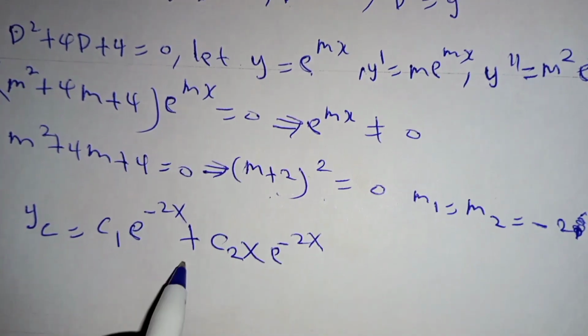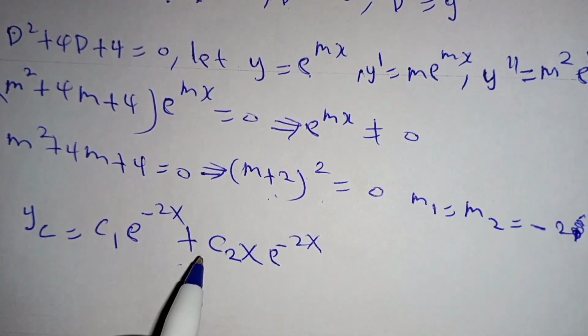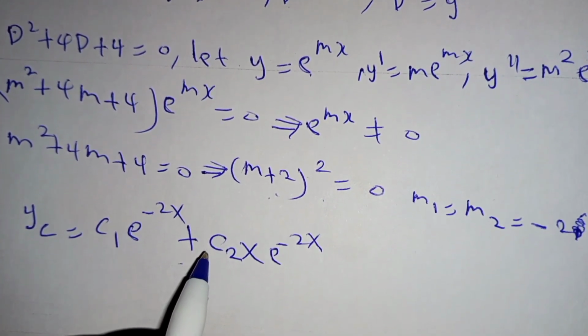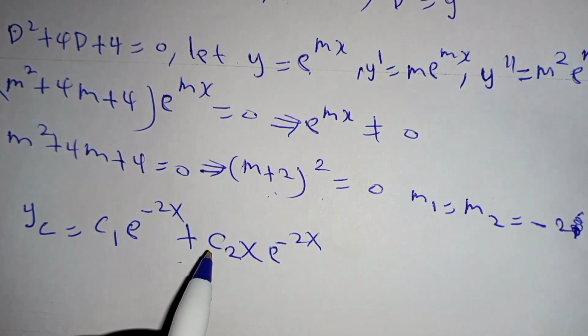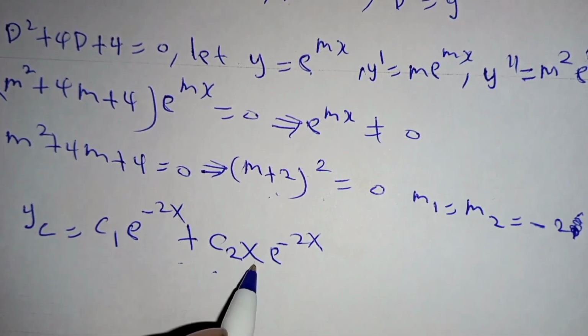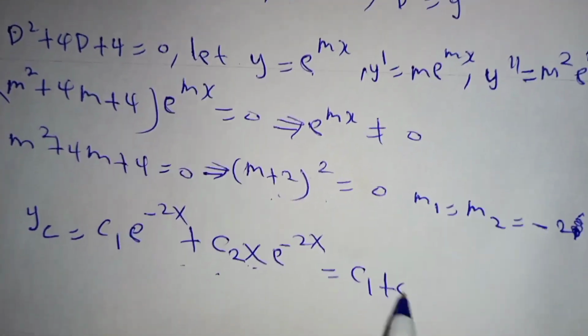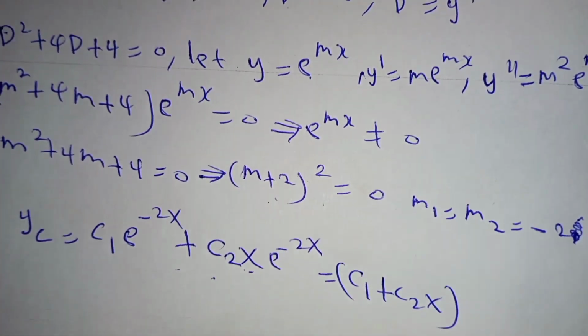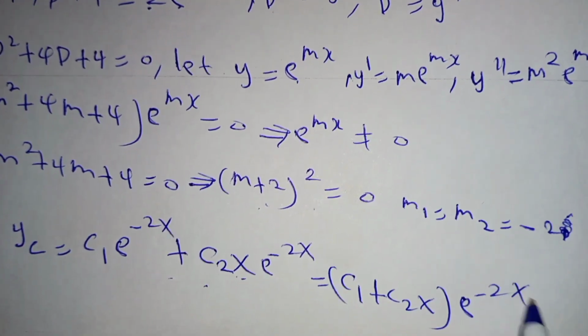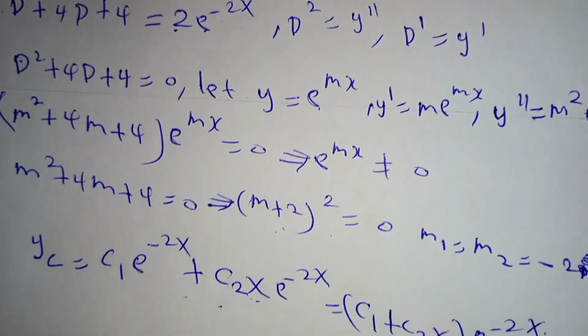You can check my YouTube channel, where we have looked at the homogeneous case where the root is repeated and how we write it in this form. So this can be written as c1 plus c2x, all times exponential negative 2x.